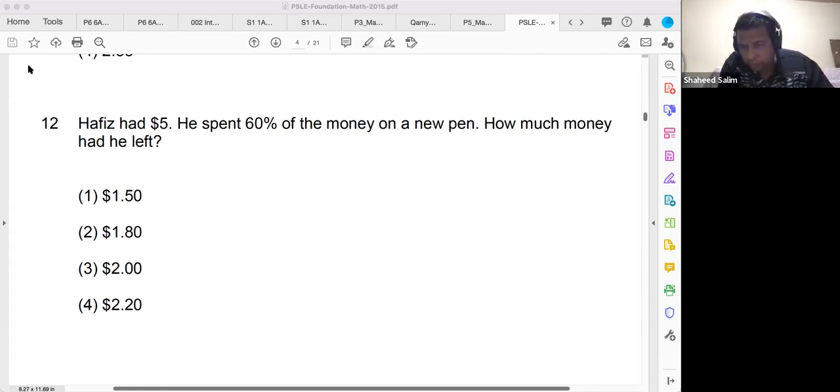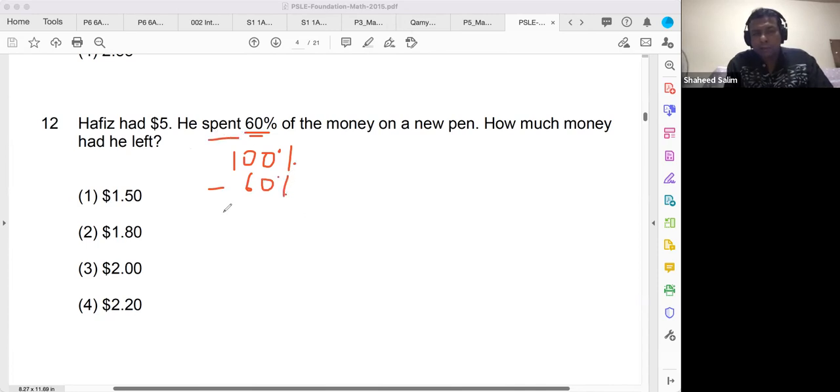How is it? You know how to do? Total amount of money is 100%. You must remember, 100% refers to the total amount of money. So now he spent 60%. You minus 60%. This 60% is the amount of money spent. So you minus, you get 40%. 40% is the amount of money he had left.